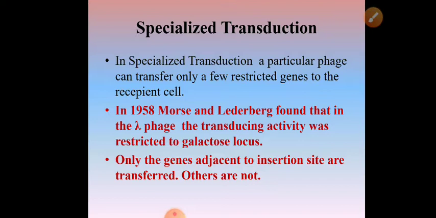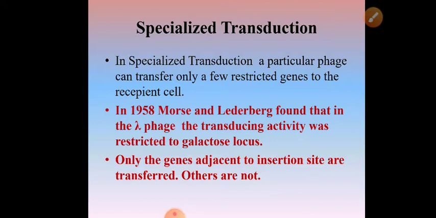Now let us discuss specialized transduction. In specialized transduction, a particular phage can transfer only a few restricted genes to the recipient cell, in contrast to generalized transduction. In generalized transduction, any gene from the donor is transferred by the phage to the recipient. In specialized transduction, a few restricted genes are carried by phages from donor to the recipient cell.